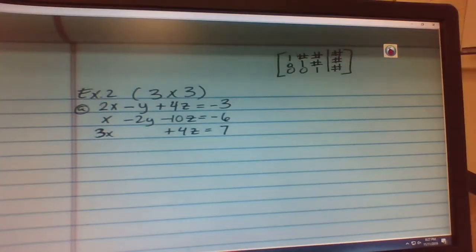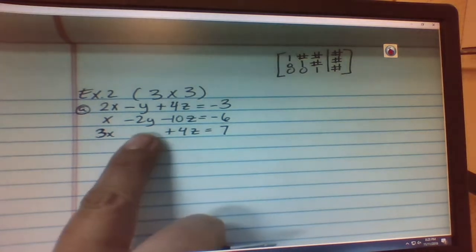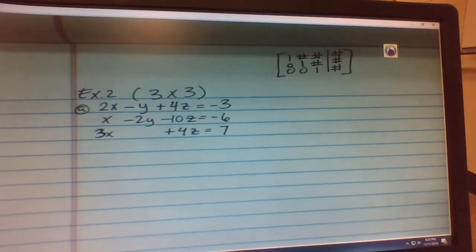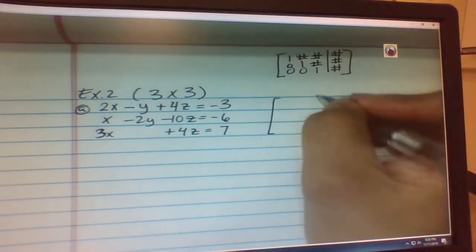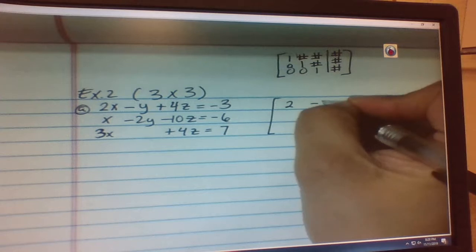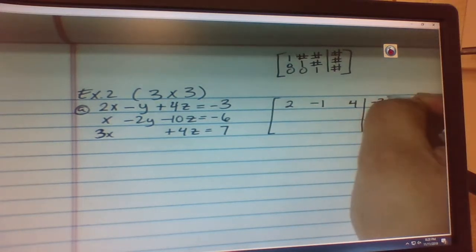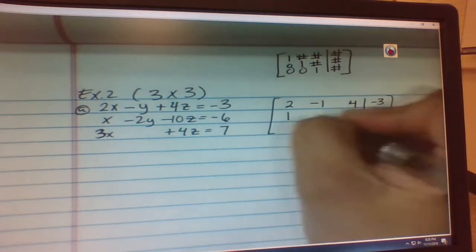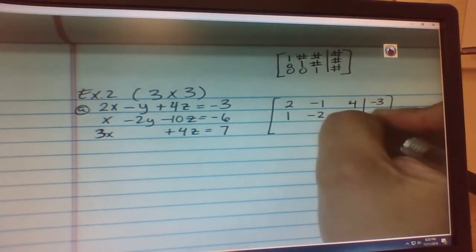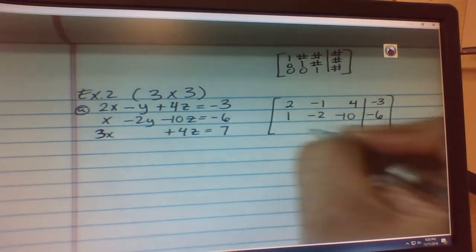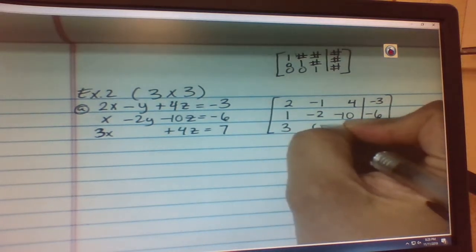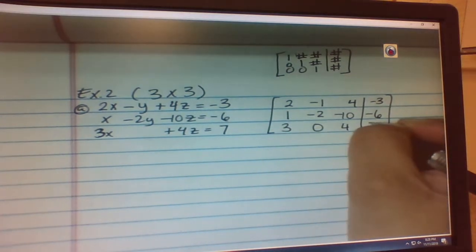If there's no number, you just put a 0 here. So my matrix: 2, negative 1, 4, line, negative 3; 1, negative 2, negative 10, negative 6; 3, 0, 4, and 7.